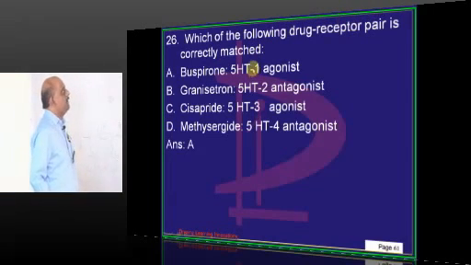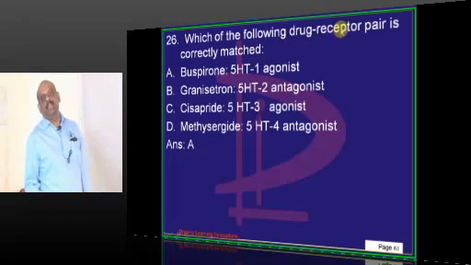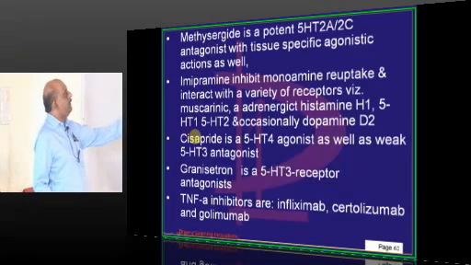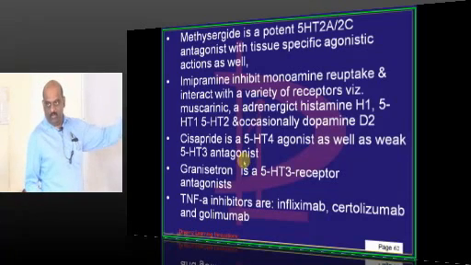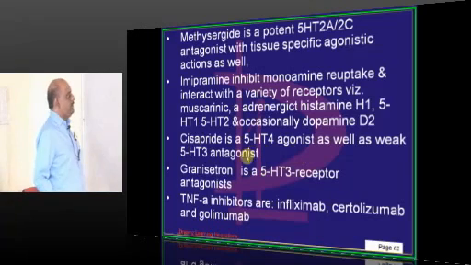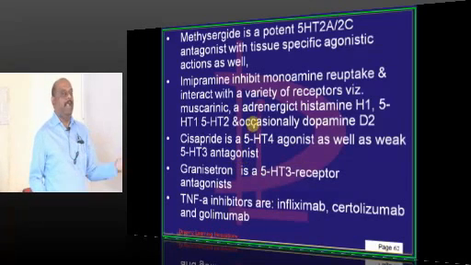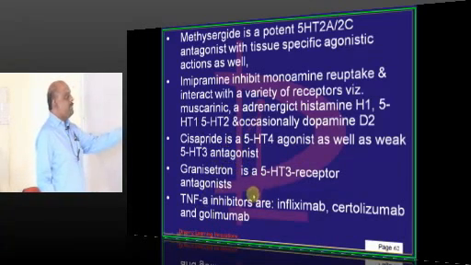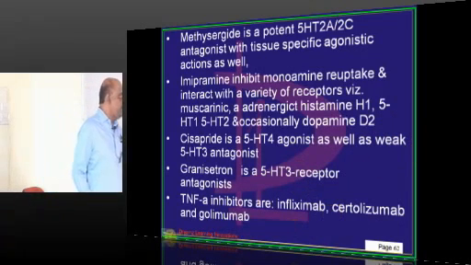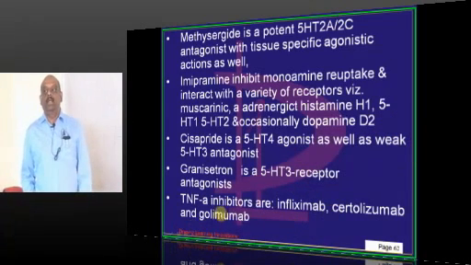Buspirone is a 5-HT1 agonist, true. Cisapride, a prokinetic drug, is a 5-HT4 agonist as well as a 5-HT3 antagonist. Granisetron is a 5-HT3 receptor antagonist. Then you have TNF alpha inhibitors like infliximab, certolizumab, etc.